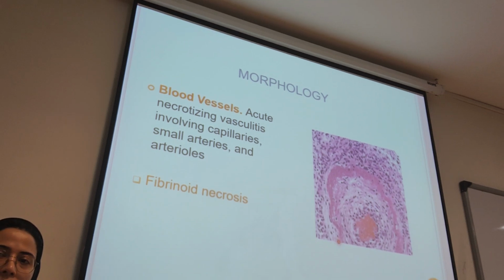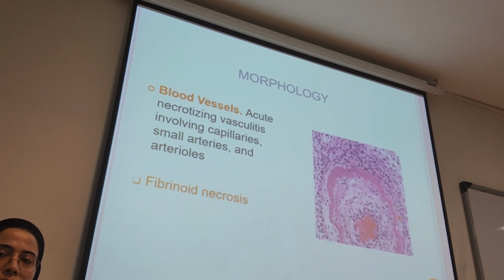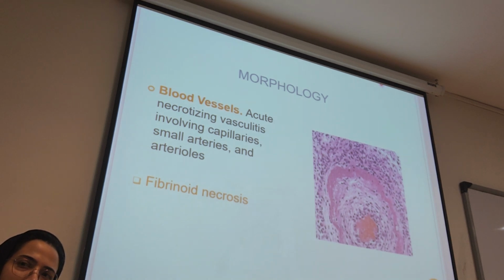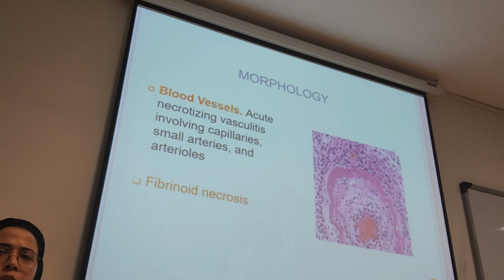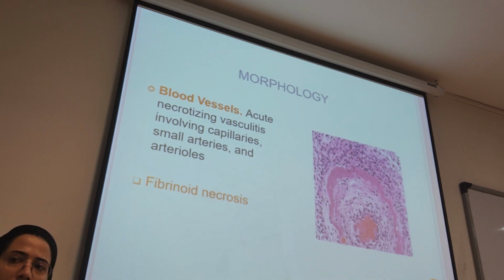Because of the presence of this fibrinoid necrosis, which is diagnostic for vasculitis. So this extra circle shouldn't be there? Which circle? This circle? No, because this is inflammation surrounding the vessel. Okay.